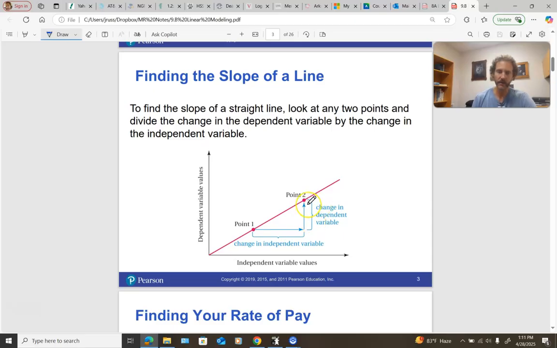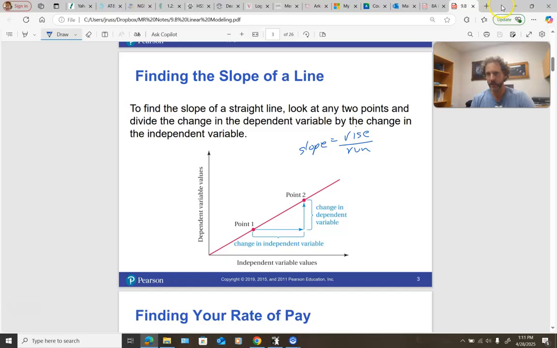This is also why for the slope formula they say rise over run. Because this is the vertical change here, and the change in the 2 x coordinates of these points gives you the change in your independent variable, also referred to as run.